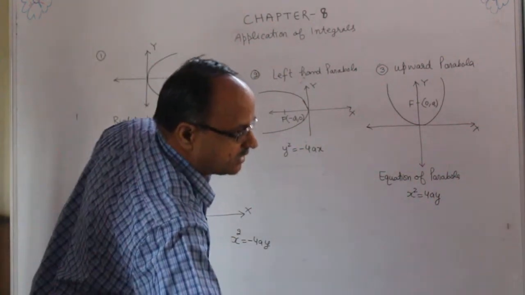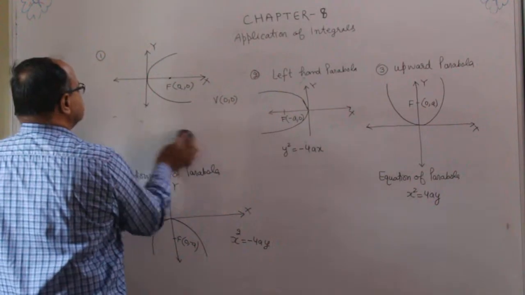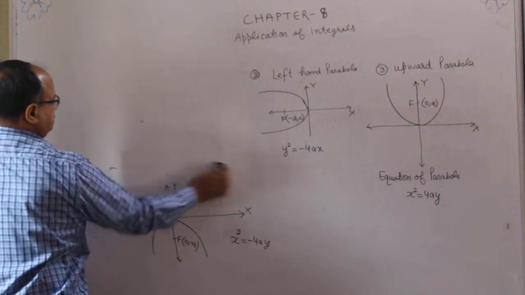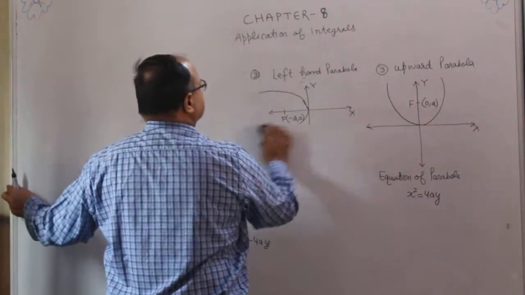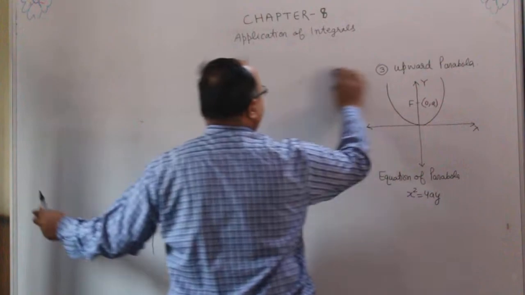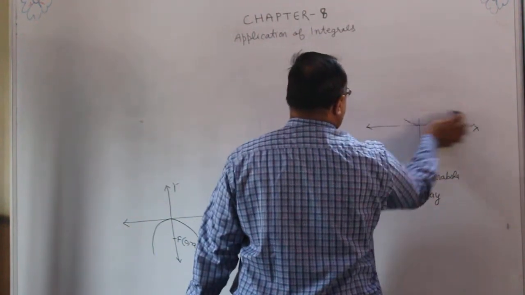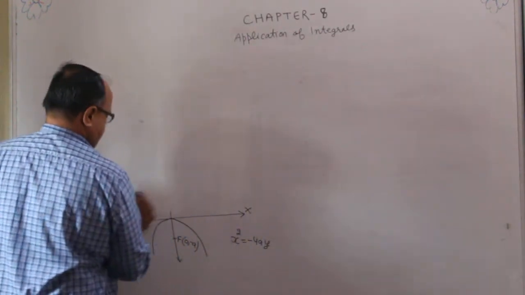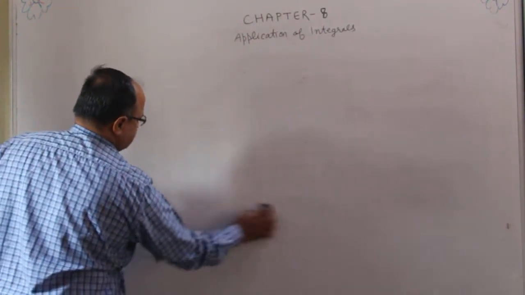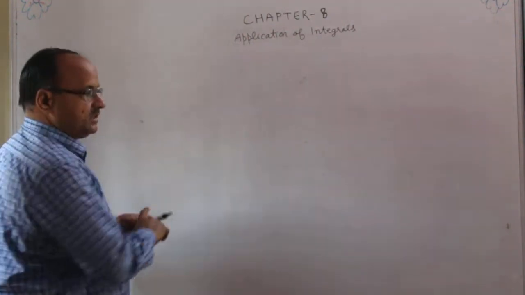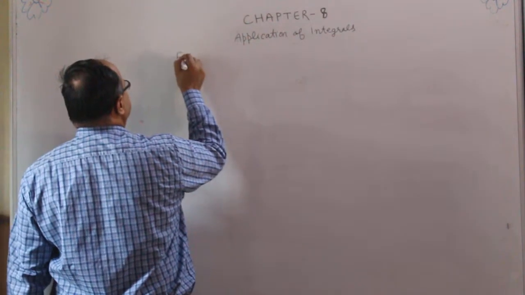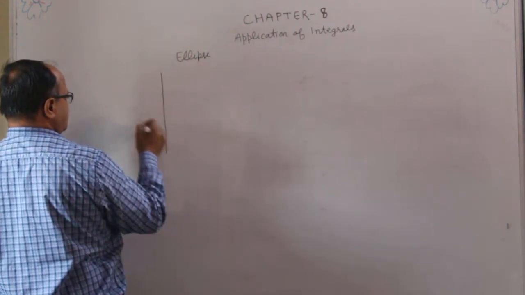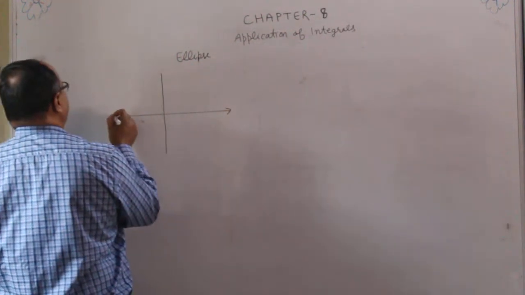Now, ellipse. There are two ellipses, that is horizontal ellipse and vertical ellipse.